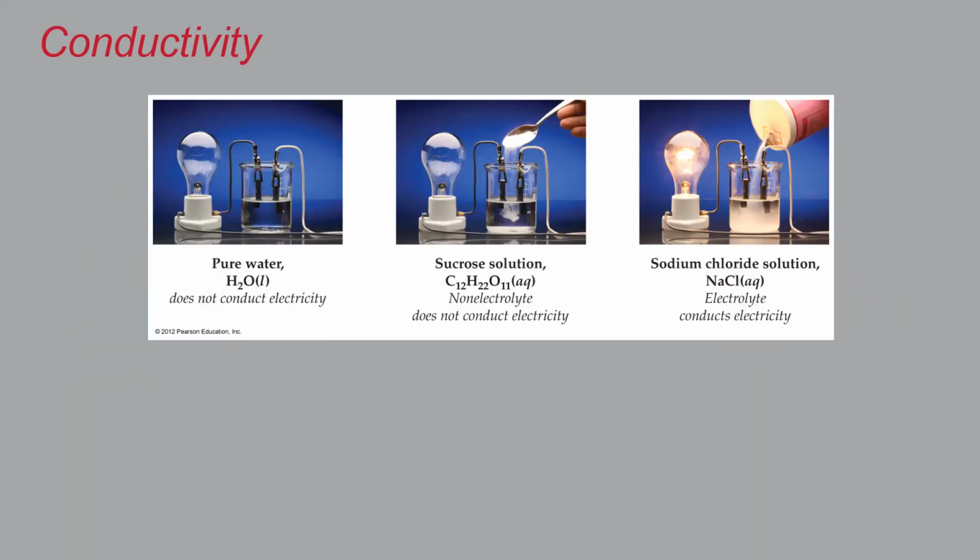All right, most of what we know about the nature of the solvation process and what's actually floating around in solution comes from our study of electricity and how it goes through water or through solutions.